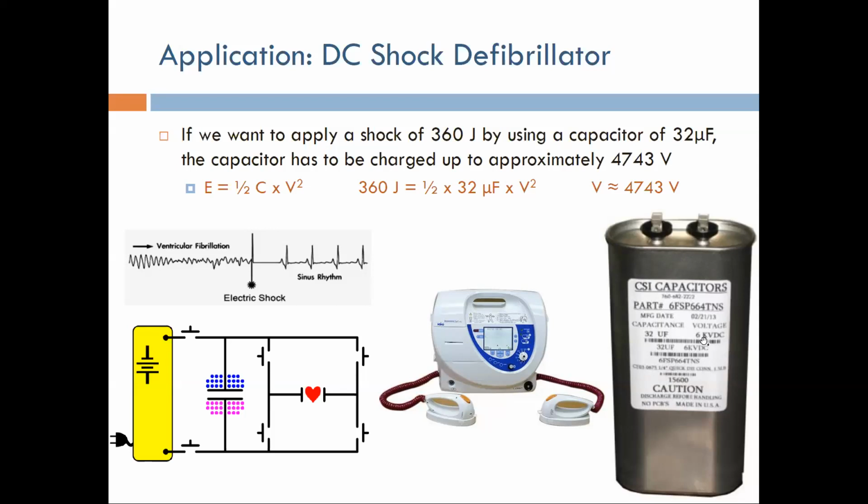If you have 6 kilovolts, this kind of high voltage, and you somehow put your finger between these two leads of the capacitor, your skin resistance is about 50 kilo ohms, maybe 30 kilo ohms.